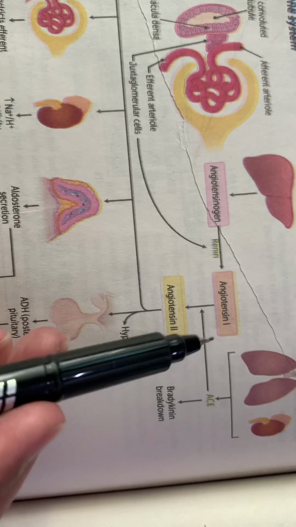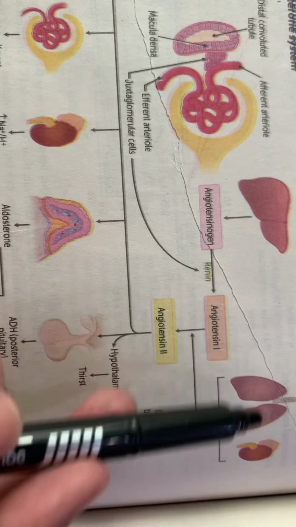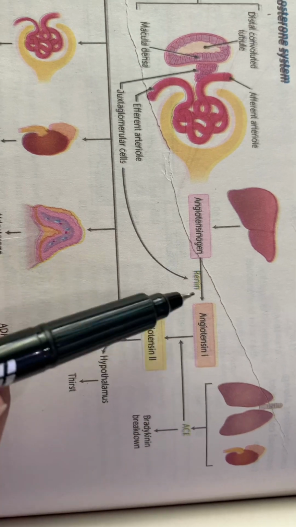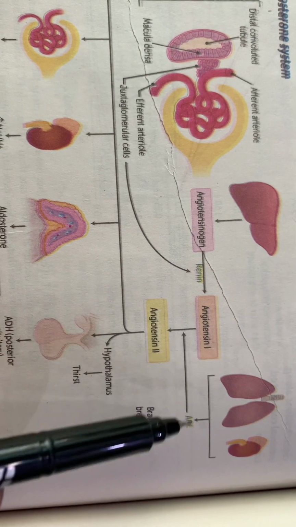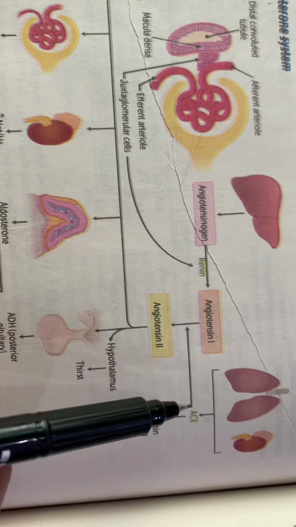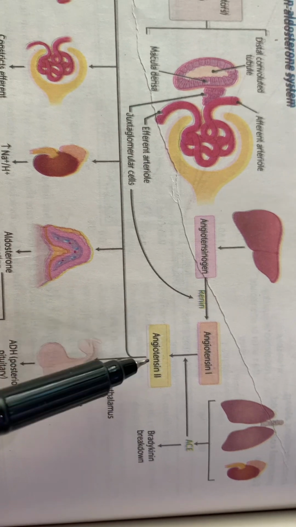So angiotensin 1 flowing in the plasma reaches the lungs, then the lungs release angiotensin converting enzyme, and angiotensin converting enzyme converts angiotensin 1 into angiotensin 2.